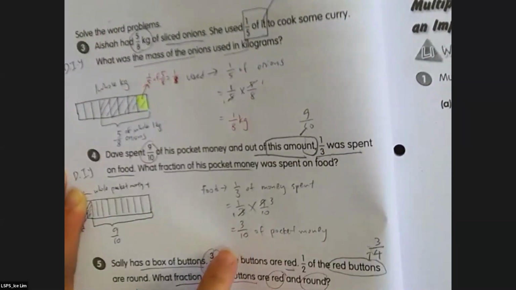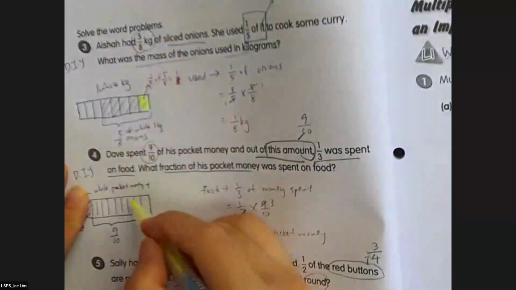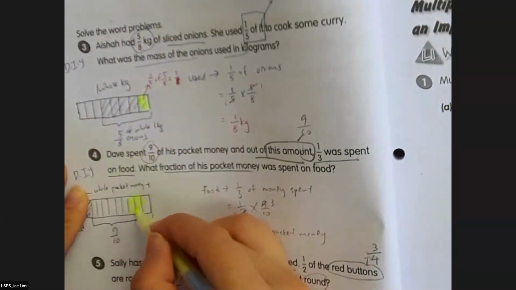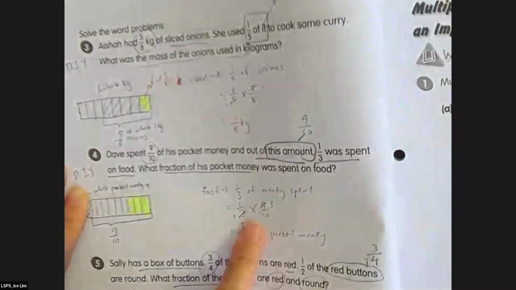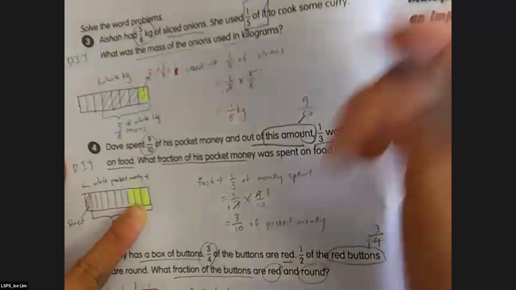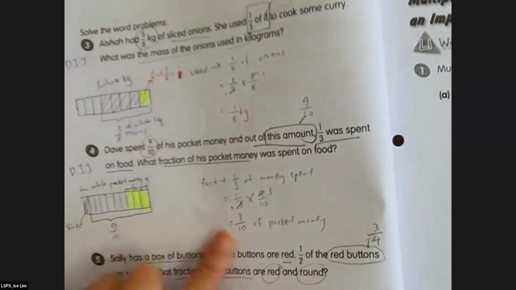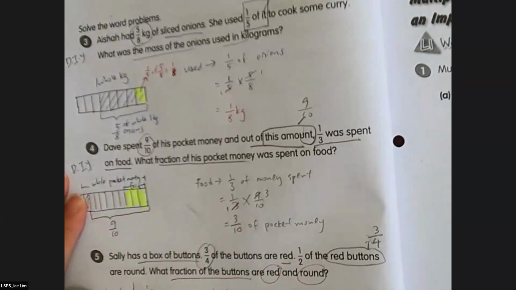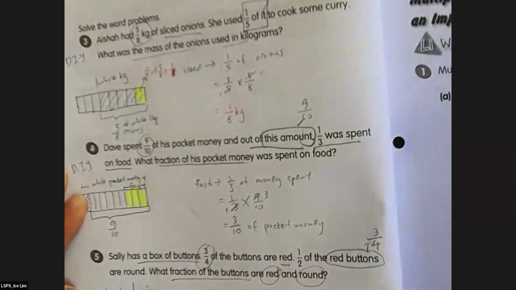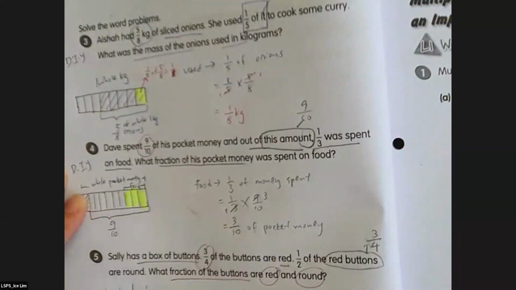But how come it's 3? So it's like this. The answer that is here, 3/10 of pocket money, is this one here. This one is food. That's why I say 3/10 is on food. But how do you get to this? How is this 1/3?